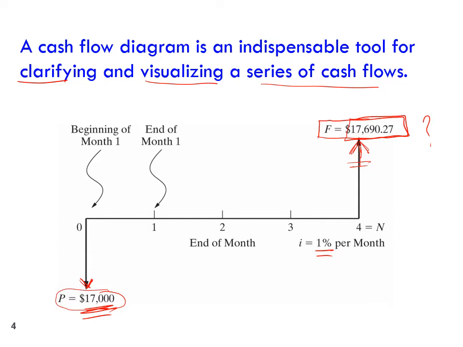But it is the result of this initial amount that we deposited into this bank account, and the interest rate and the number of periods. Okay? By using these values, we will calculate how much we can withdraw at the end of the 4th month. So this cash flow diagram simply shows the amount of cash flow either we receive or we pay during all the periods of this time horizon.